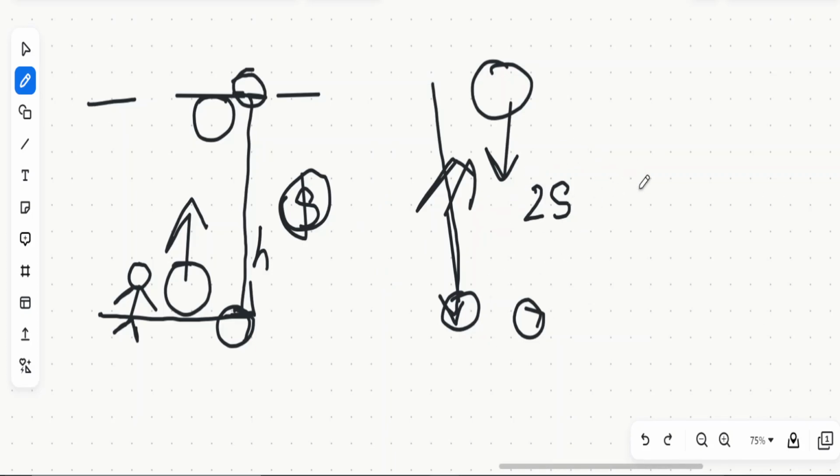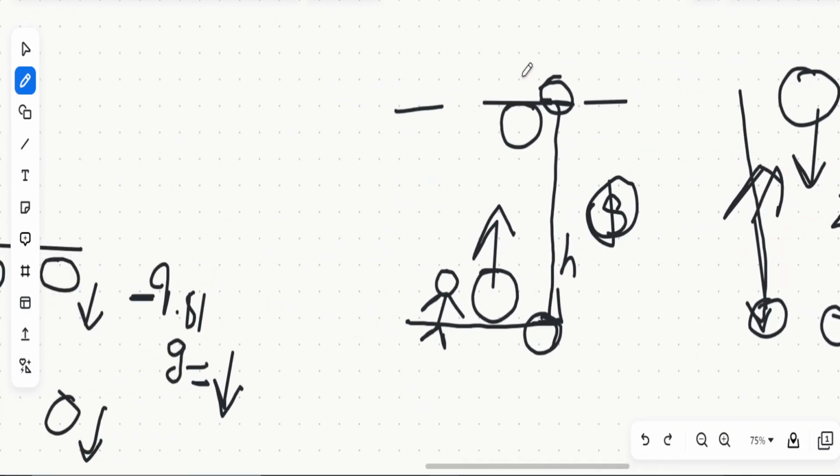Now, the most important rule of all of uniform motion is that at a certain height, your ball will stop. Why will it stop? Because it wants to change direction. So when it stops, your velocity or your speed would be 0. Remember that.